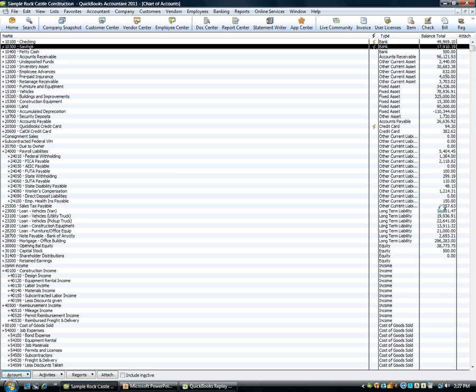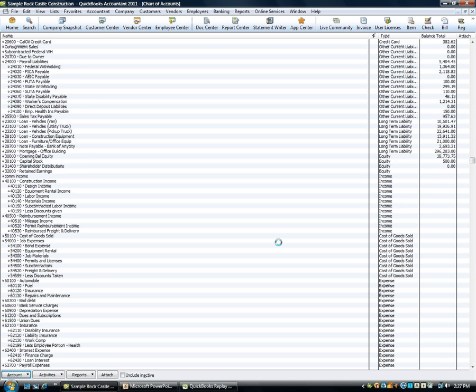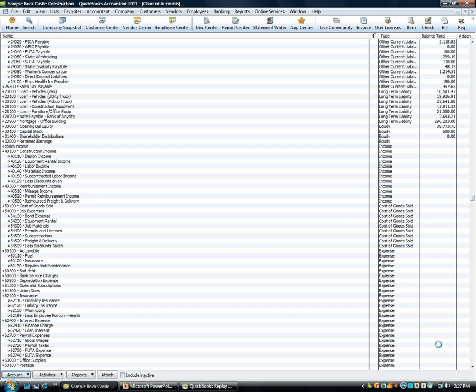So if you have a balance here, then it's a balance sheet report account. If it's income or expense, cost of goods sold, those show up on the profit and loss report, which is the one you'll probably use the most, and they do not reflect a balance.